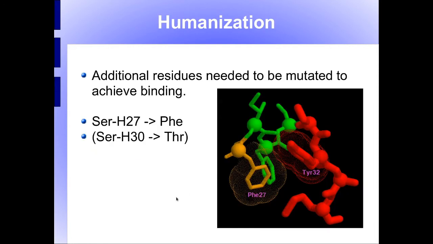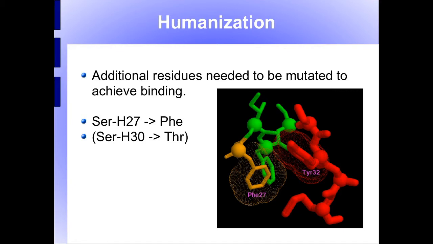Now, what they found when they did that was that the antibody didn't bind very well. And so they had to look to see why that was happening. If you recall, when I was talking about the detailed structure of CDRs, we have key residues in the CDRs themselves, plus residues that interact with the CDRs from the surrounding framework. Together, these define the overall conformation of a loop.